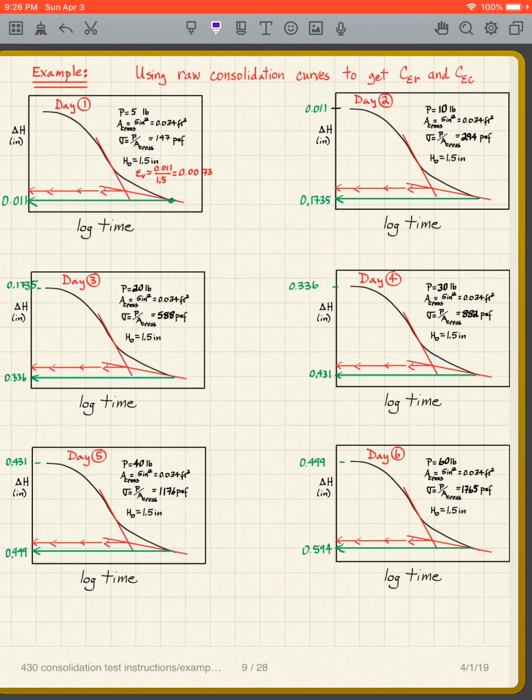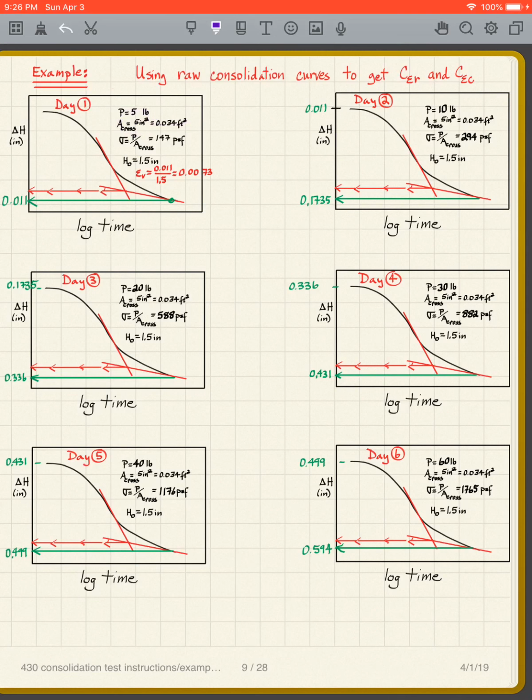So in this particular case, we're going to be interested in the last point, and we are going to be interested in our sigma here. How do I get my sigma? Well, I take the load. In this case, my day 1 load is 5 pounds, and my cross-sectional area of my sample is 5 square inches, which is 0.034 square feet.